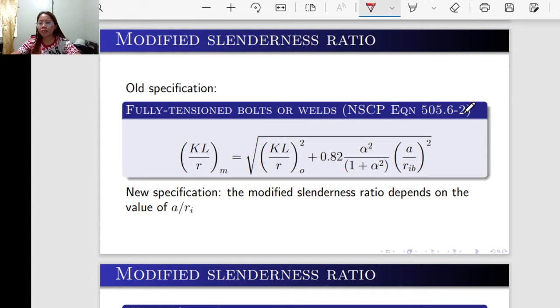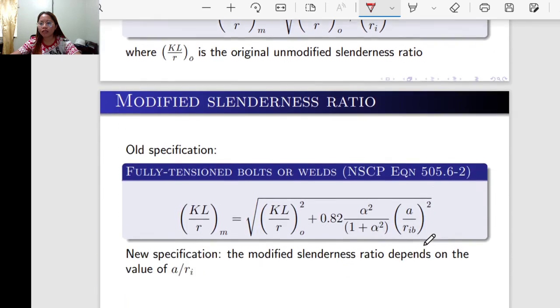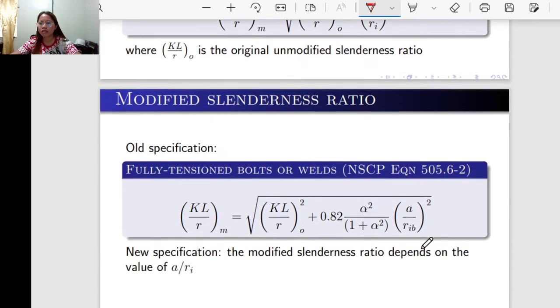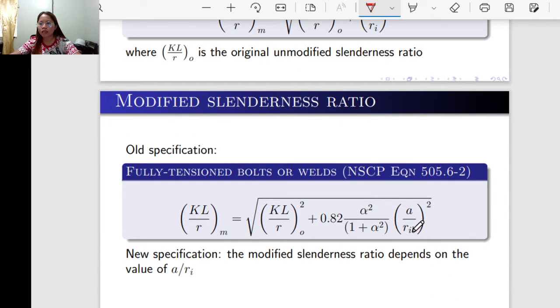In ECP equation 505.6-2, you have here the modified slenderness ratio equal to the square root of (KL/r) squared, original unmodified slenderness ratio, plus 0.82 alpha squared, where alpha is the spacing of the connectors divided by the quantity 1 plus alpha squared, times (a/ri) squared. The rib was not specified here, so I think this is just ri.